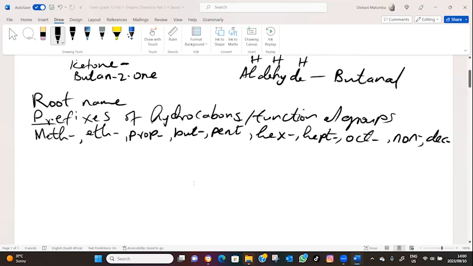Now, what are the general rules that we normally follow when we do the naming?